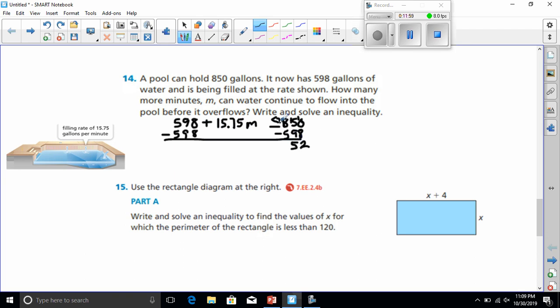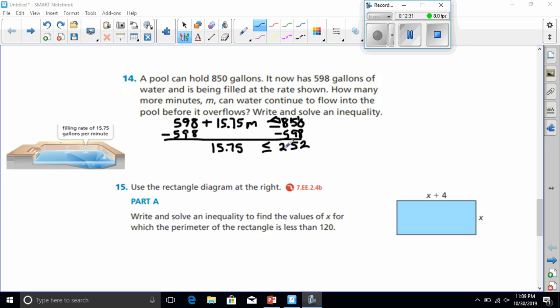If I borrowed 1 from 8, that would have made it 7. And 7 minus 5 is 2. Oh, I see, that was a 7. This is less than or equal to. And now we have 15.75m is less than or equal to 252.